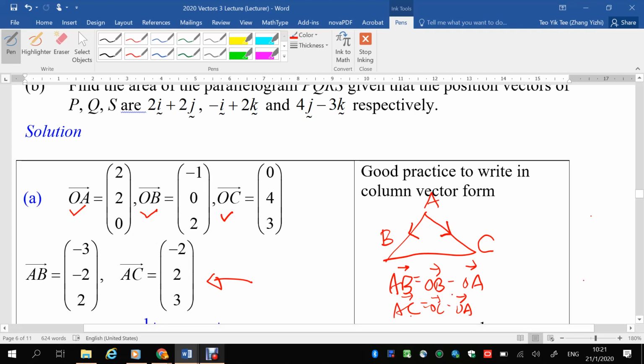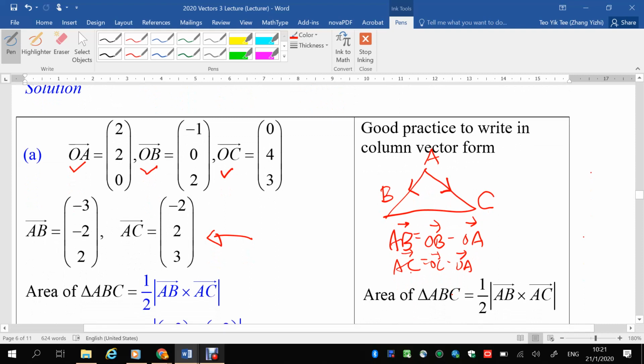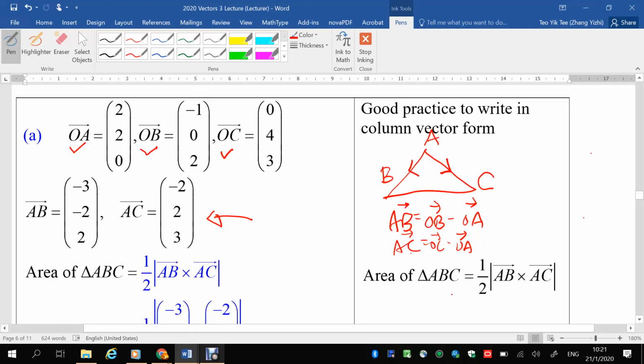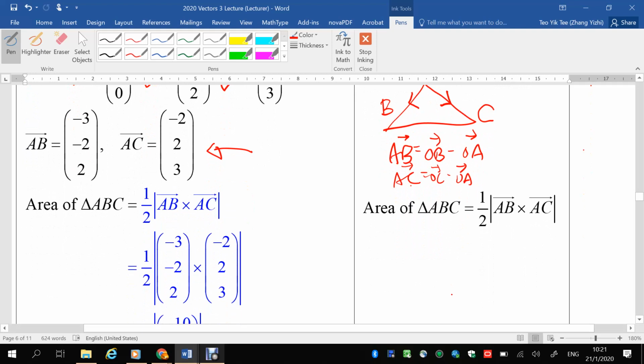Activate the formula. Please know the formula: half of the magnitude of AB cross AC. Then you dump in the values for AB and AC. Try again, see whether you can get the numbers properly.